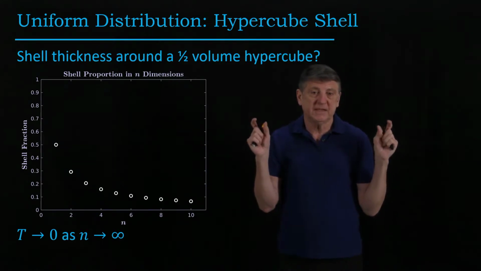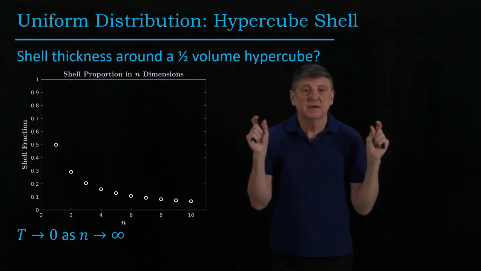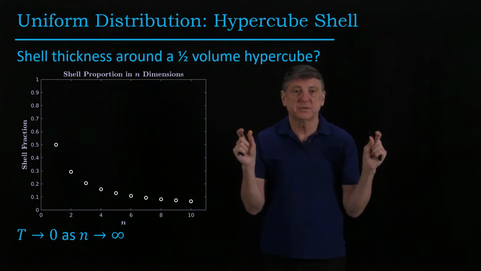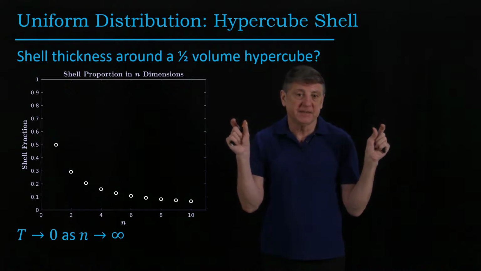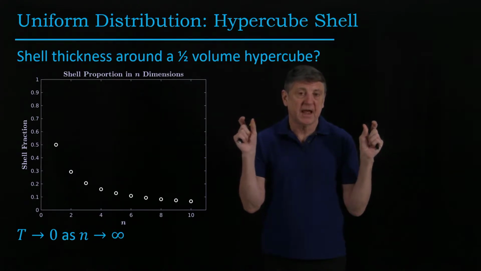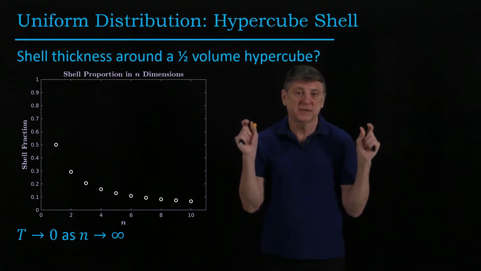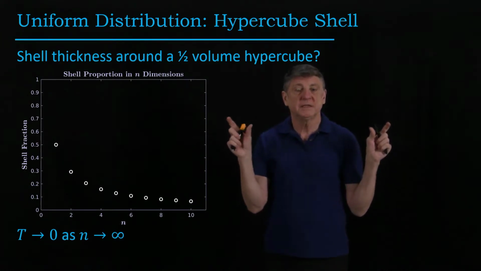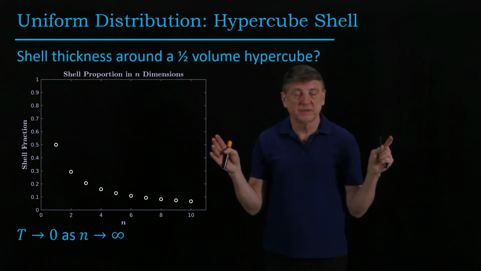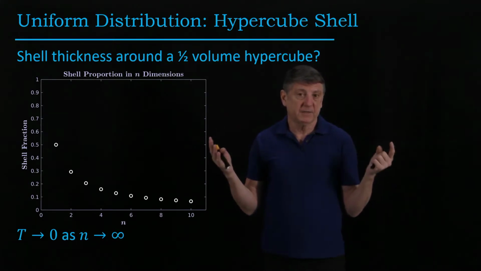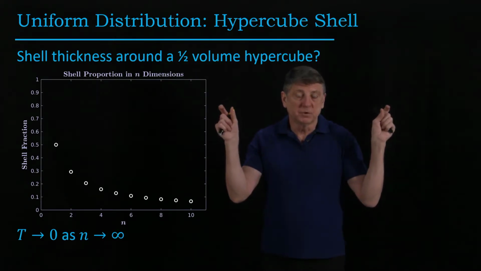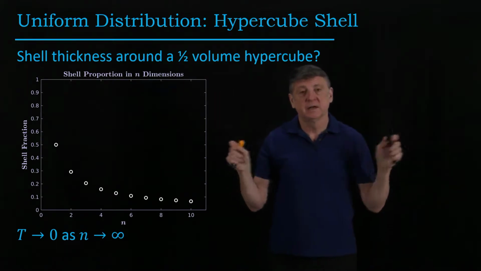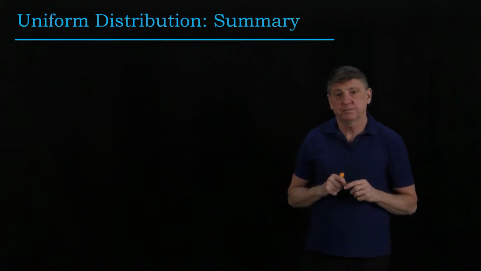What that means is that the volume that contains half of our uniformly distributed data is in an infinitesimally small shell as the number of variables increases. This is highly counterintuitive, but it means that if our data are uniformly distributed and we have high dimensionality data, then most of the data are living in a thin little shell near the edges of a hypercube.